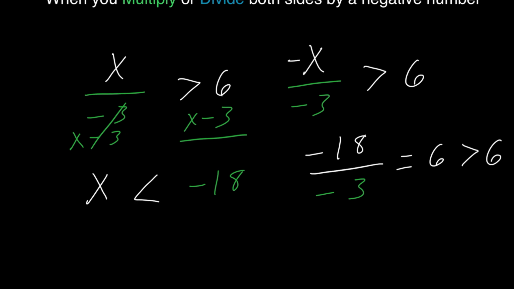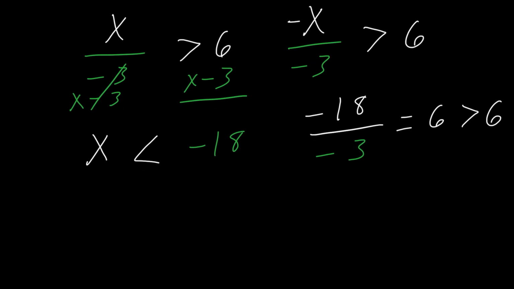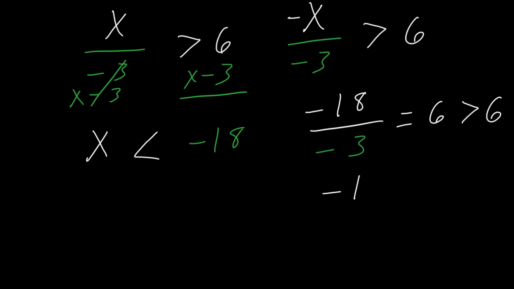How about negative 19 divided by negative 3? If you want to pull out your calculator, you can, and that would equal 6.3. Now, is 6.3 greater than 6? Yes, 6.3 is greater than 6.